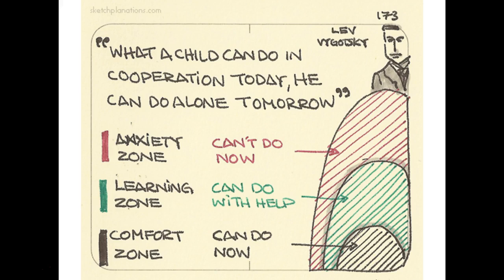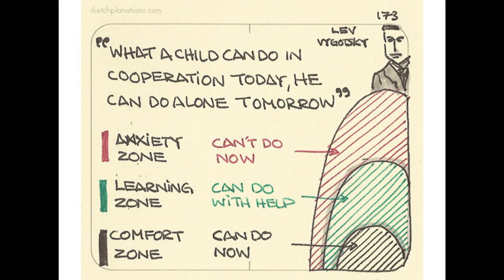What I like about this graphic is it shows what you can do now is your comfort zone. It's a place where children might feel bored, they might feel restless, and the optimal learning isn't necessarily happening if things are just too easy for the child. Whereas if we put kids where they can't even begin to do what they're doing, we're putting them in a high state of anxiety, of frustration.